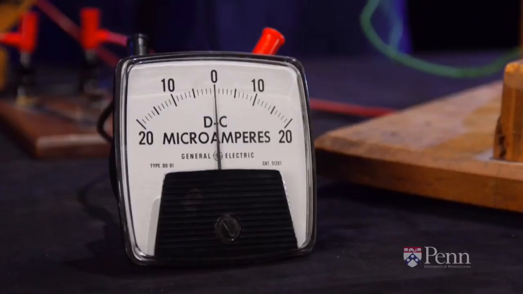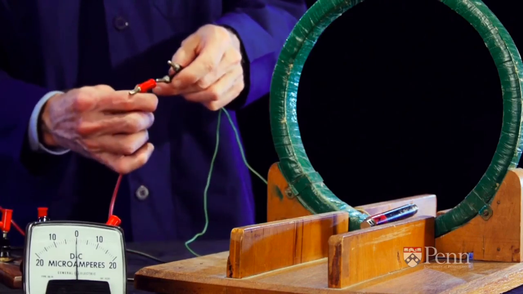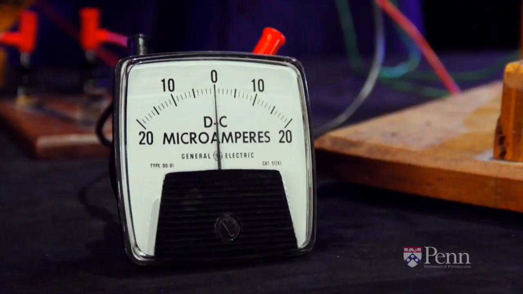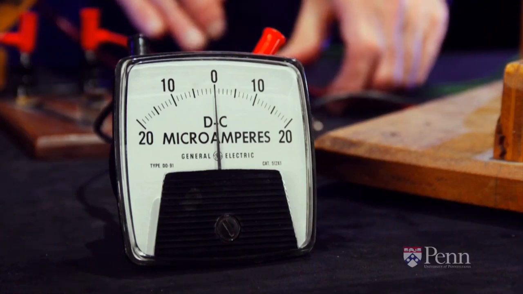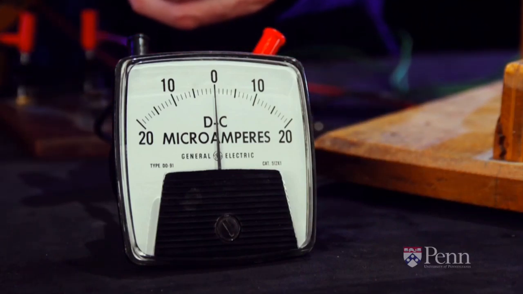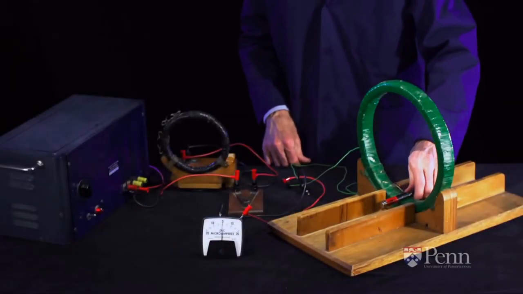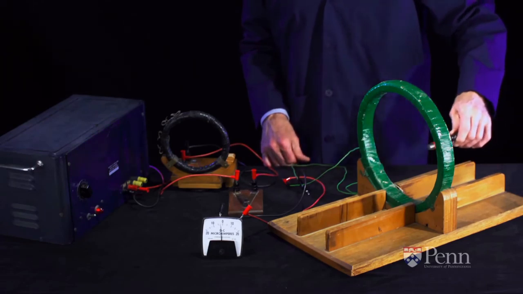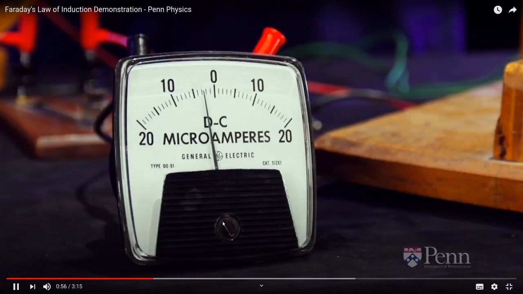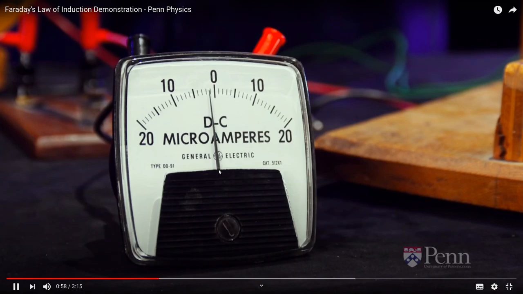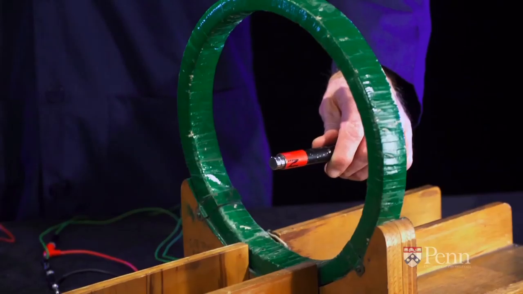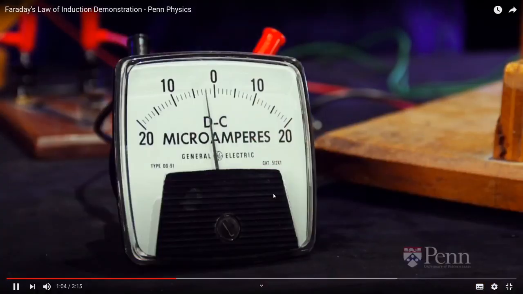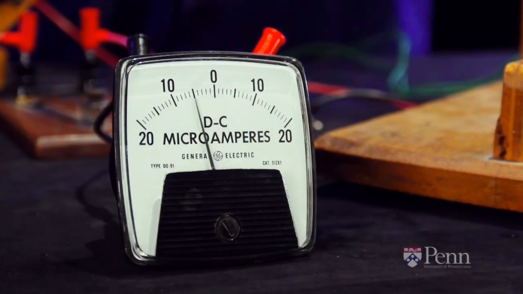If the magnet sits stationary inside the coil of wire, no electricity is made, and we can see that the meter needle is not moving. If the magnet is moved, the magnetic field within the coil of wire changes. And it is this changing magnetism that induces electricity. This is what Michael Faraday discovered. And notice that by moving the magnet in different directions, we produce electricity in either the forward or the backward direction.